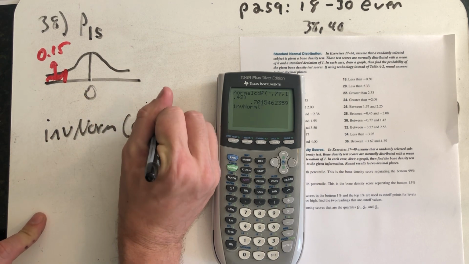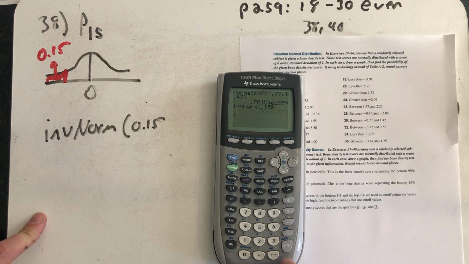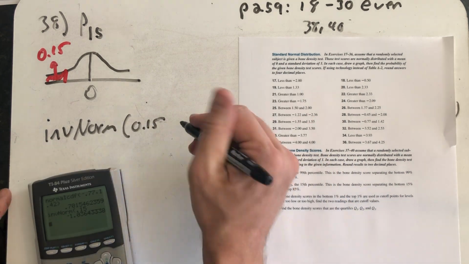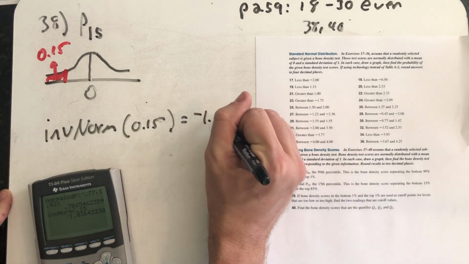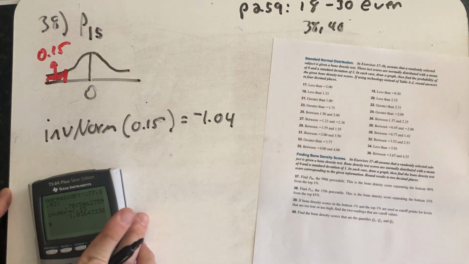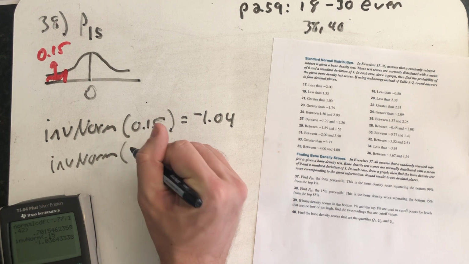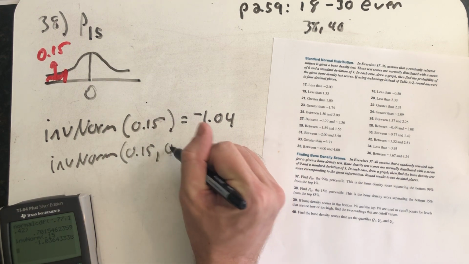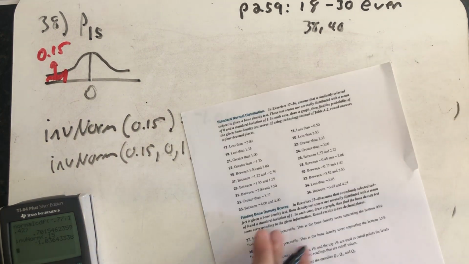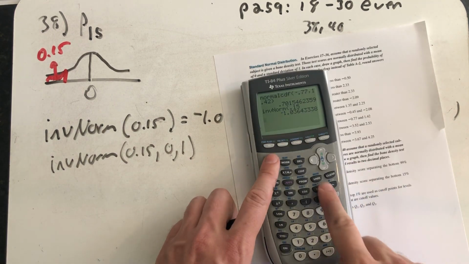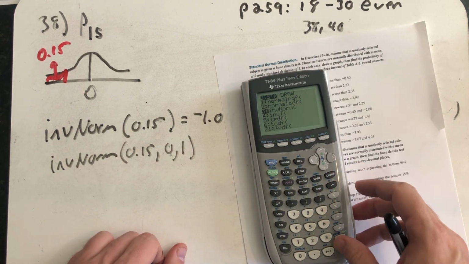So I'll type in that area to the left, and if I just type that in and press enter, I'll get a good answer because the calculator assumes the mean and the standard deviation are 0 and 1 if we don't tell it what they are. In chapter 6.2, we'll have to type in the mean and the standard deviation, so I like to go on and do that most of the time anyway.